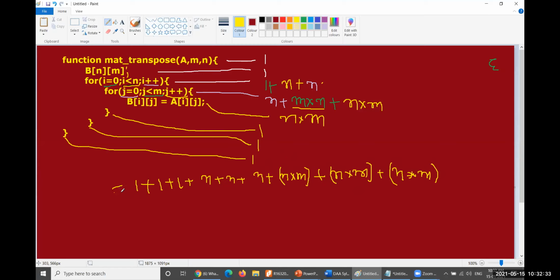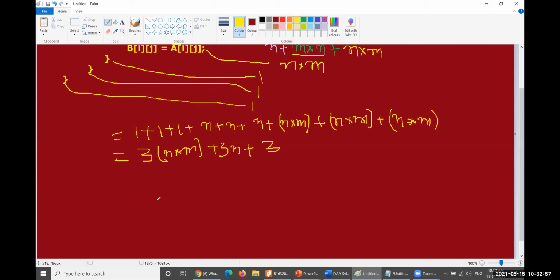And if you calculate this, 3 into n into m times, plus how many m's are there? 1, 2, 3. 3 into m.